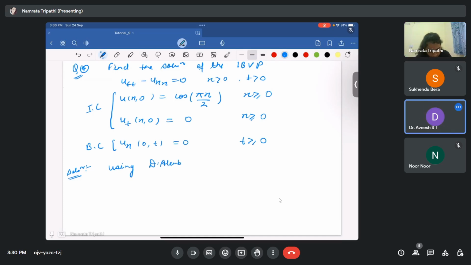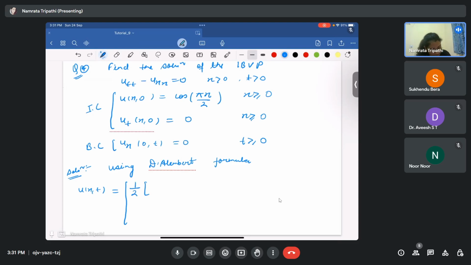Here g of s is 0. G of x is 0. U of x comma t in this case is given by, first, when x is from 0 to t, because c is 1: f of x plus ct, means cos of pi by 2 of x plus t, minus cos of pi by 2 of ct minus x, means t minus x, plus this expression will become 0.